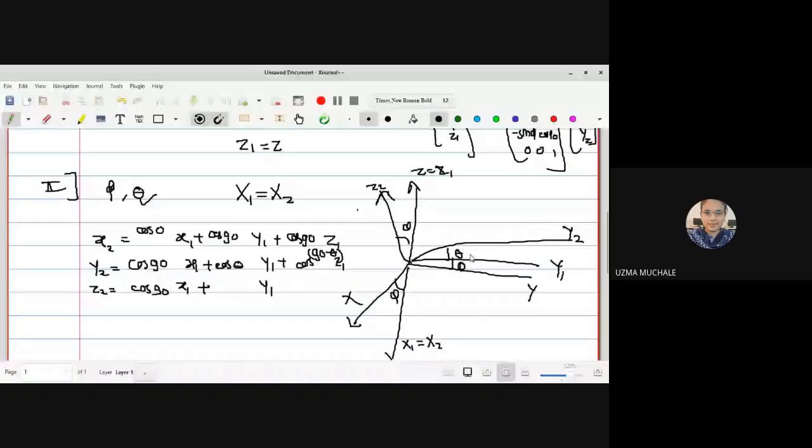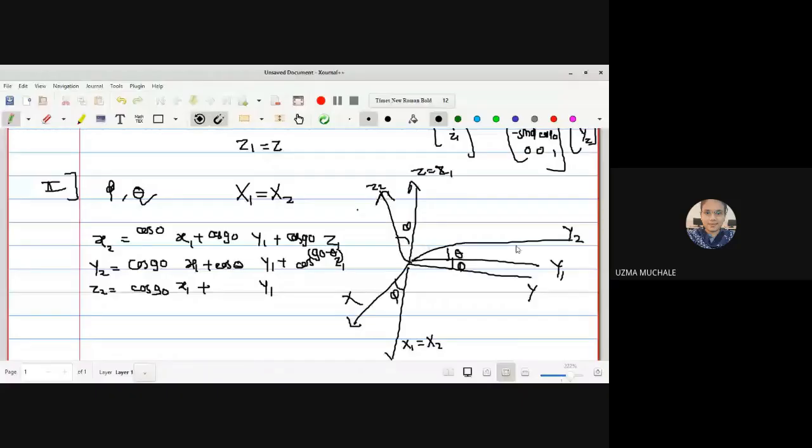You can see here the angle between y2 and z2 is 90 degrees, plus this one we have to add. Outside y2 and z2 there is y1, right? So we have to write this as cos of 90 plus theta and we have to add. So the angle between these two is cos 90 plus theta.